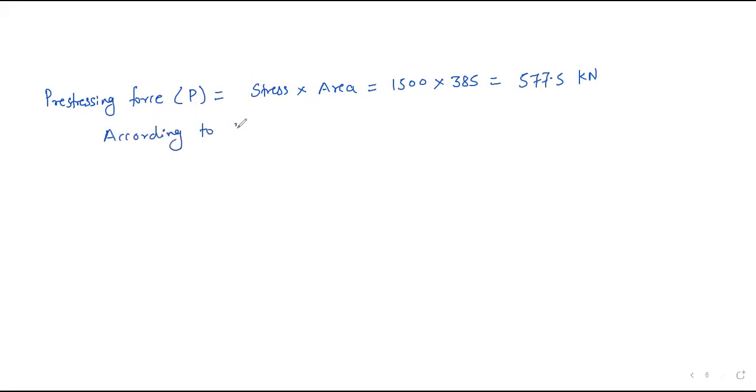So now, according to the given condition, P by A plus P by Z bottom, we are talking about bottom, minus M by Z at bottom, which is equal to 5.